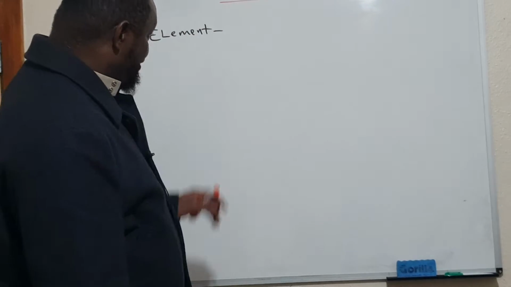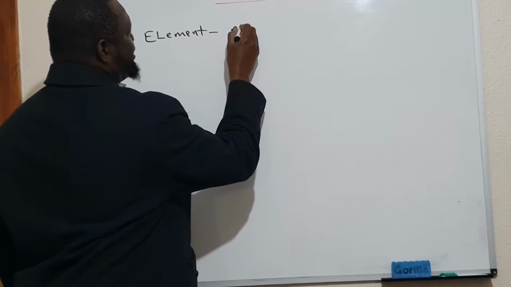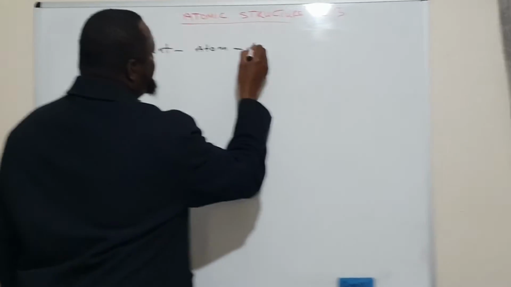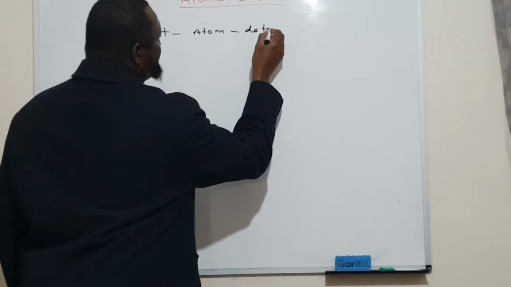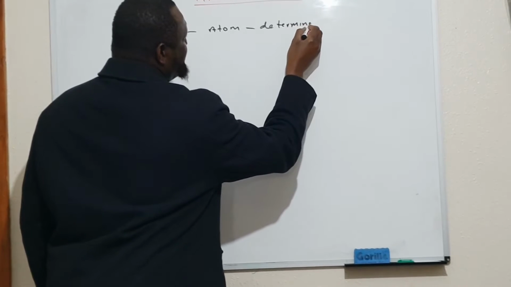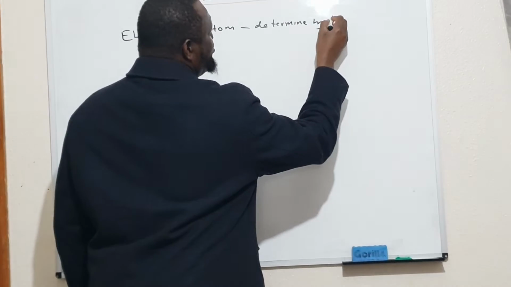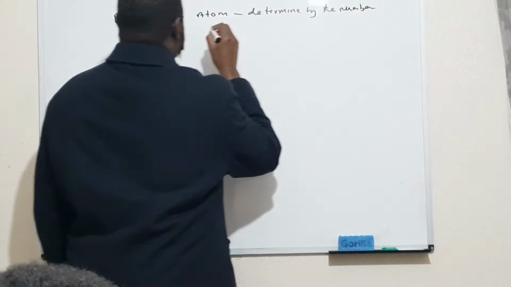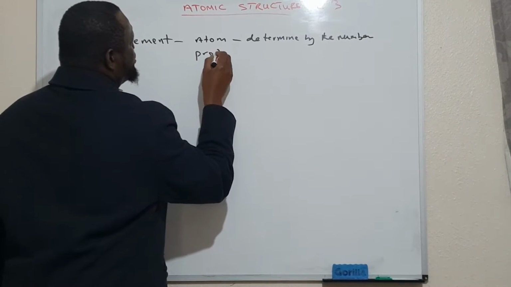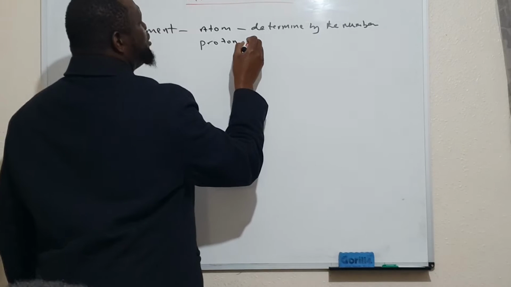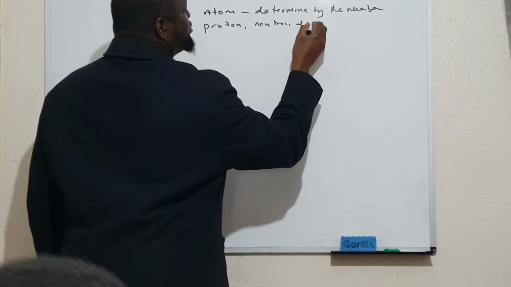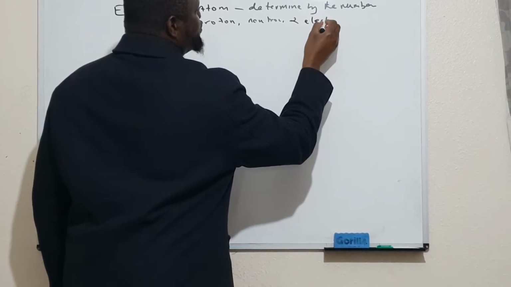An element is an atom determined by the number of protons, neutrons and electrons.